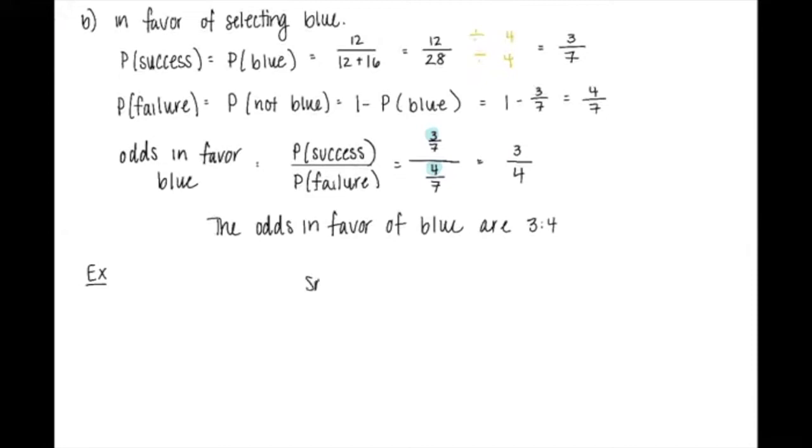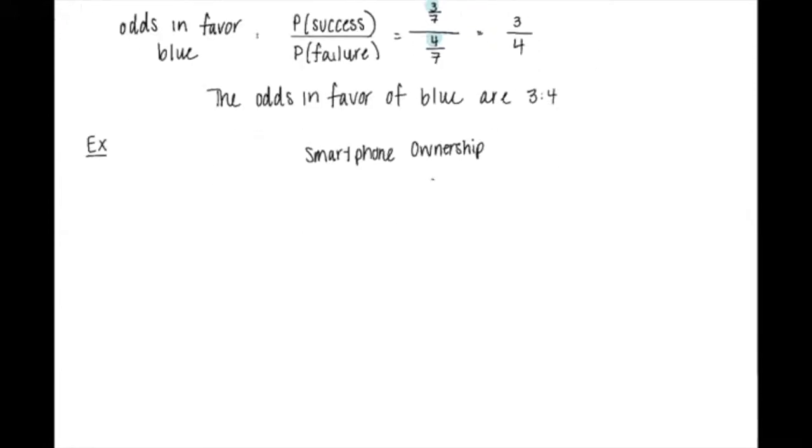We're given some information about smartphone ownership. Okay. And so people have a bunch of different smartphones with some percentage of likelihood that they own it.